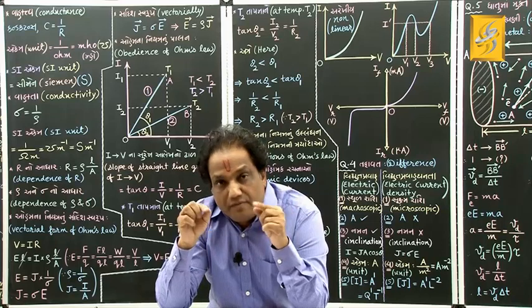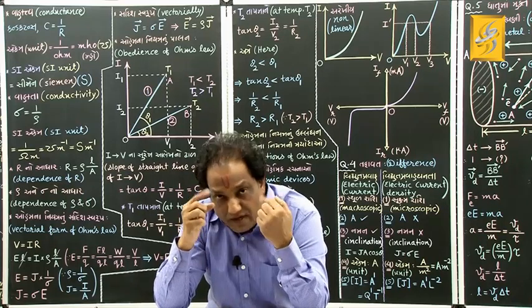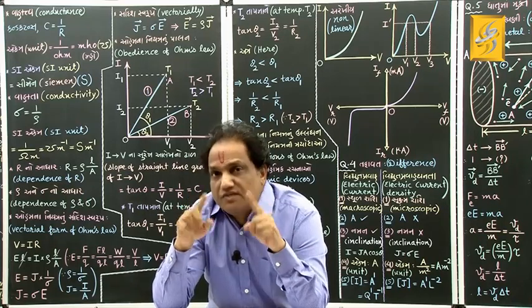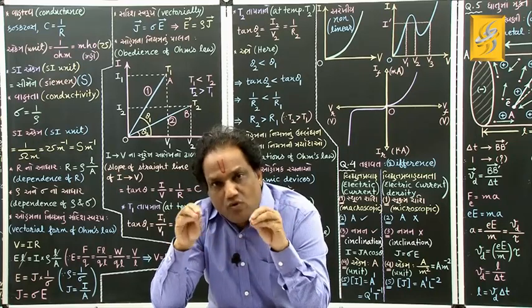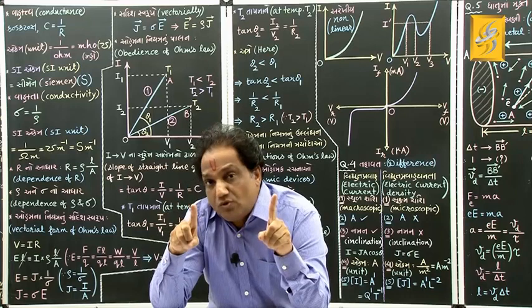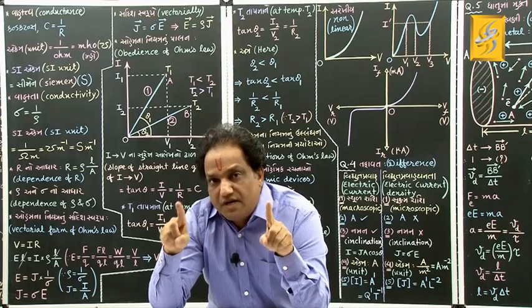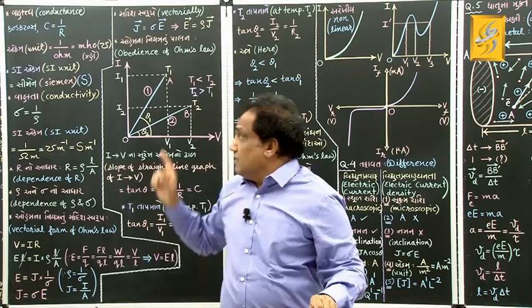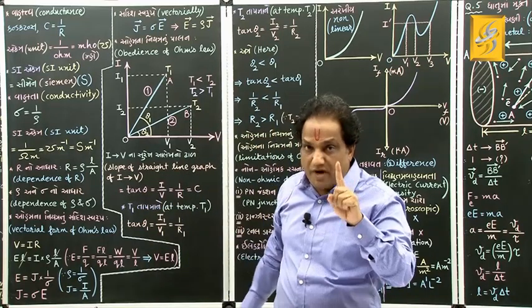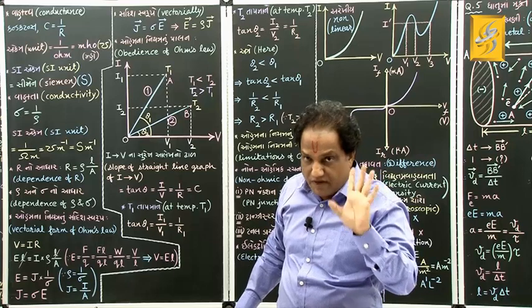Such behavior is found only with metals, and that too, as I told you just now, when their physical conditions remain unchanged, okay? Let us see now the graph of I versus V for a metallic wire.